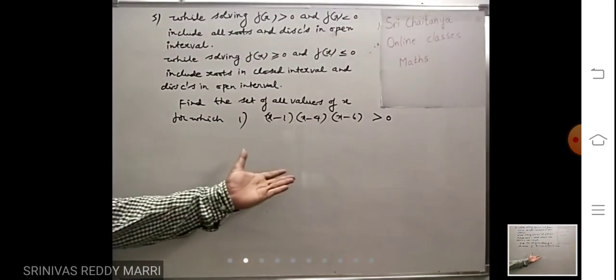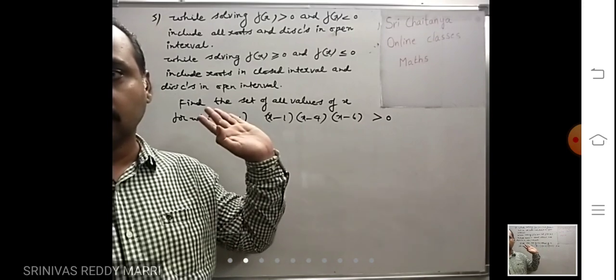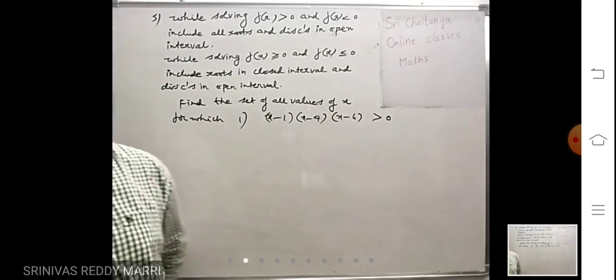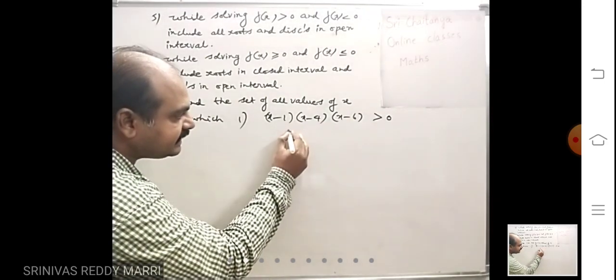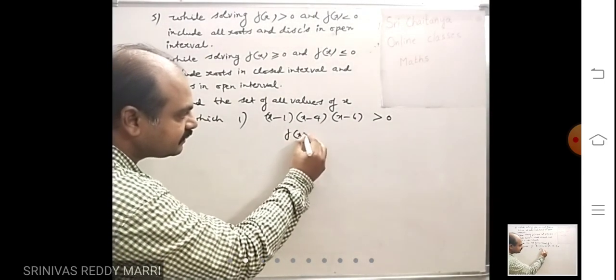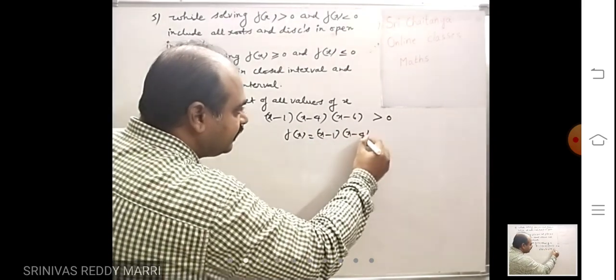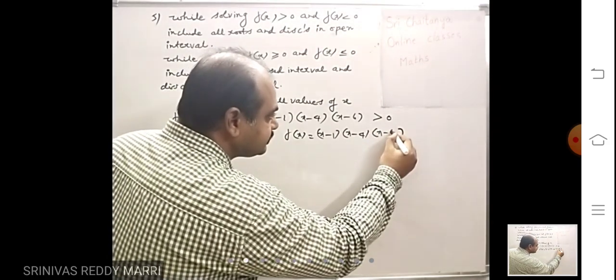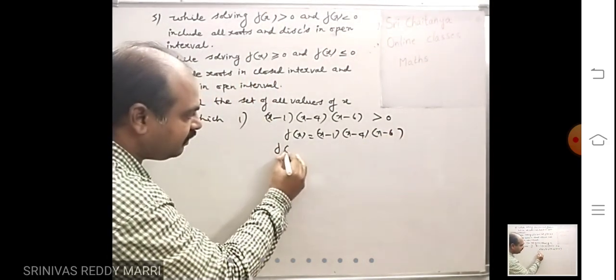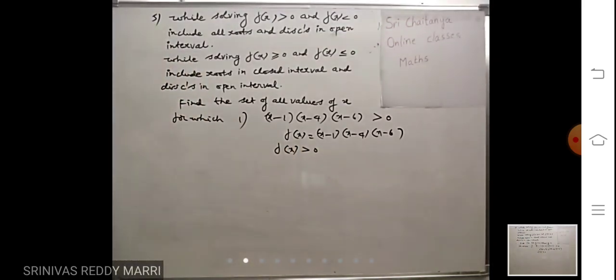For this you don't know the formula. Quadratic inequality only you know, right? There are three factors. You take the left hand side, whatever it is, as f of x. So you have to solve f of x greater than 0.